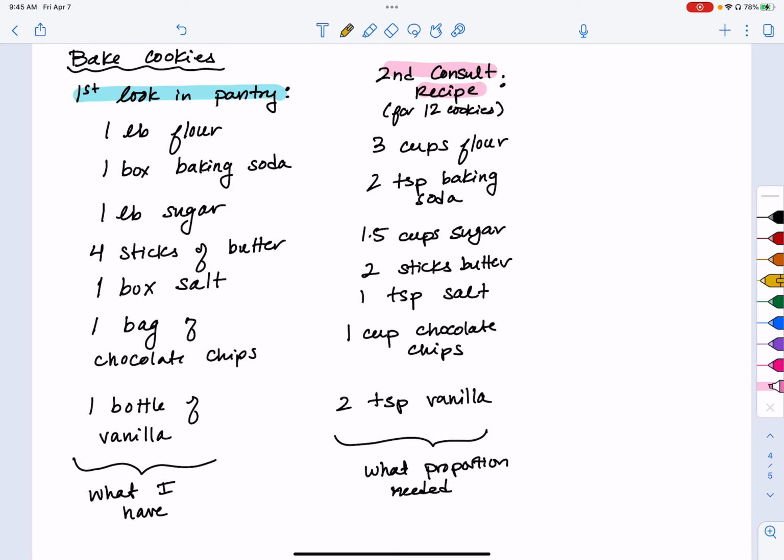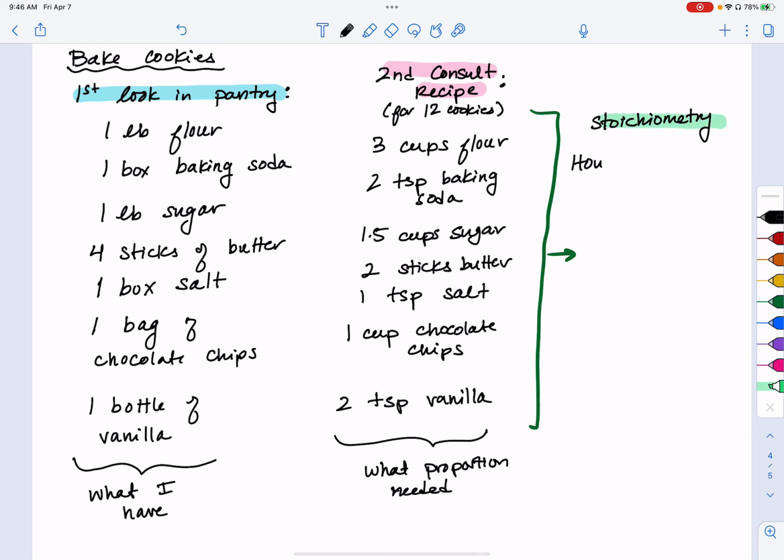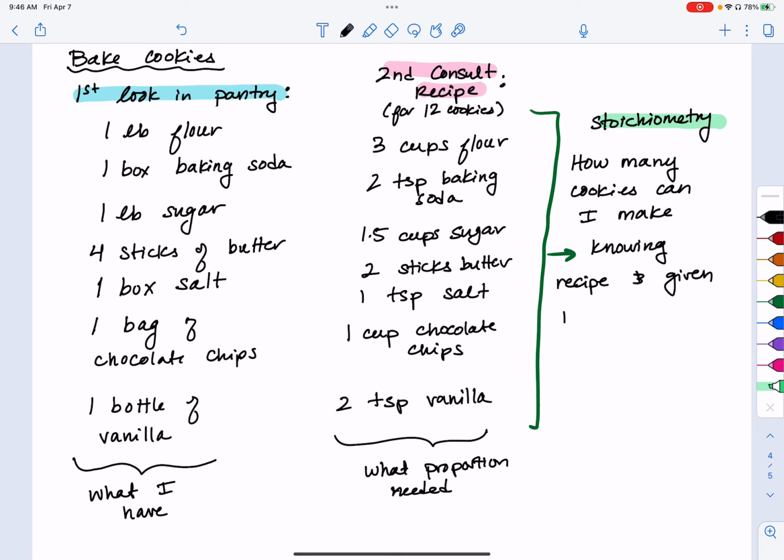So when we perform stoichiometry, what we are doing is figuring out how many cookies can I make knowing the recipe and given my pantry.